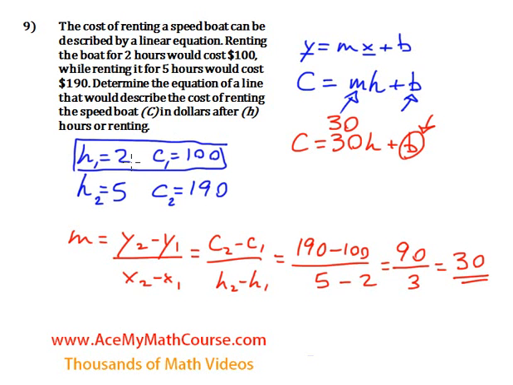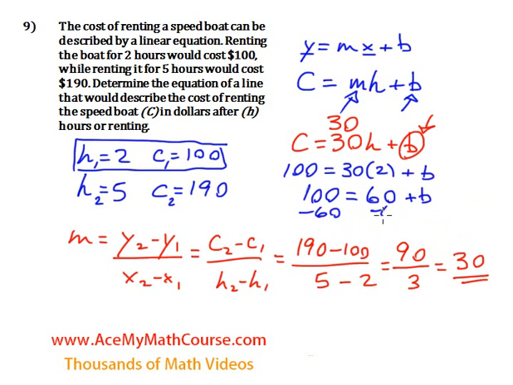So I can plug 2 in for H and 100 for C, plus B. So 100 is equal to 30 times 2, 60 plus B. Then I can subtract 60 from both sides of the equation. And we have found B. Those cancel out, right? So B is equal to 100 minus 60, 40.